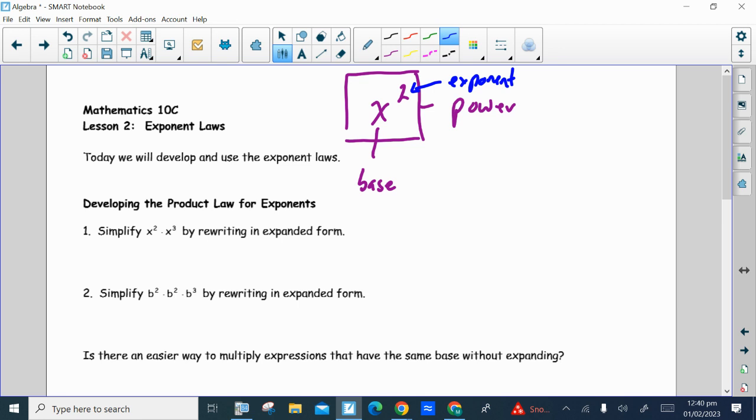So part 1 of this, where we're developing the product law for exponents, says to simplify x squared times x cubed by writing it in expanded form. And that would look like this. X squared means you're multiplying x times x, and then that's being multiplied by x cubed, which is x times x times x. So again, this one there in a different color is a multiplication. The other ones are x's.